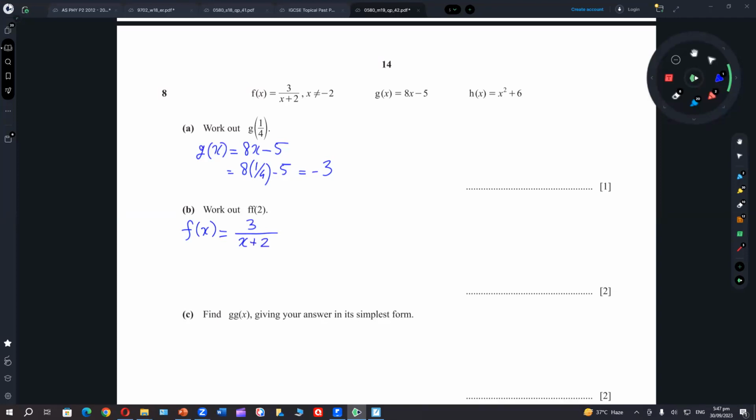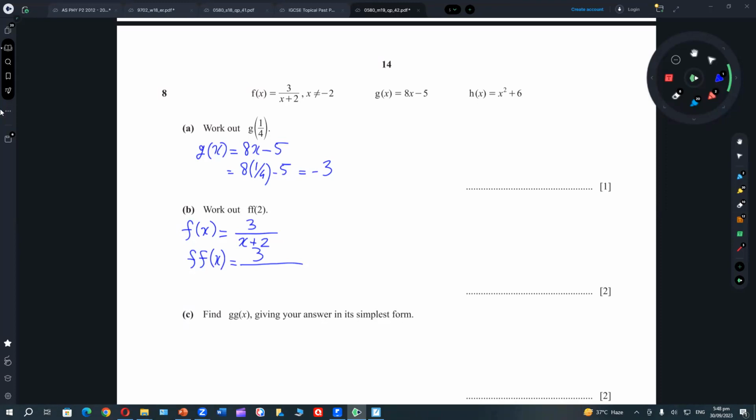We are finding ff(2), and f(x) equals 3 over x plus 2. How do we find ff(2)? ff means insert f in f, in place of x.